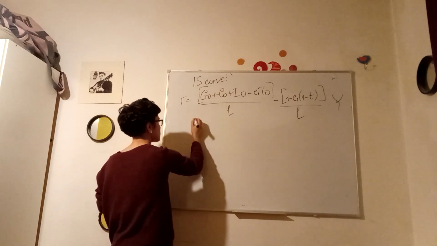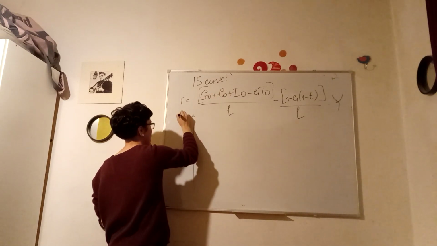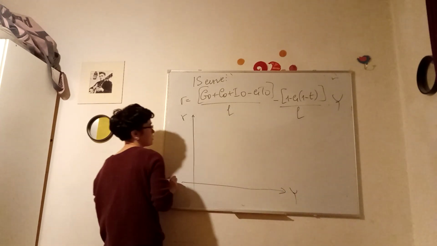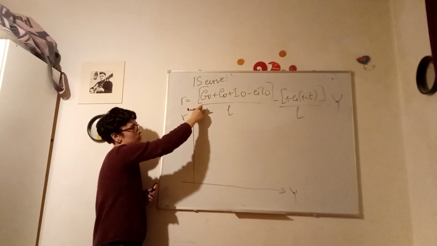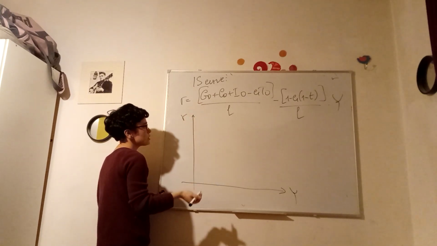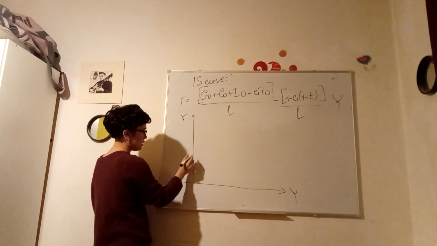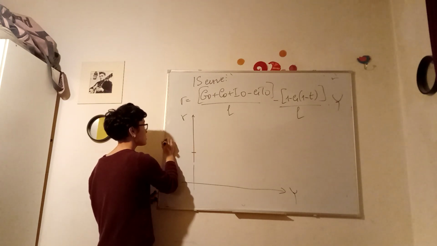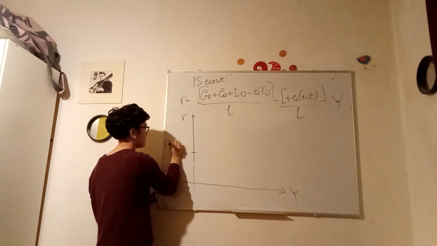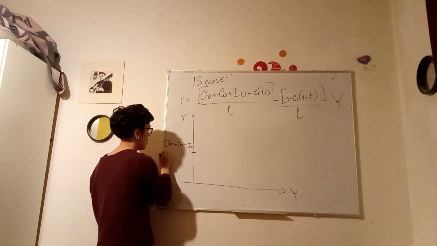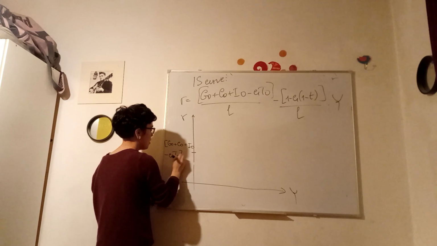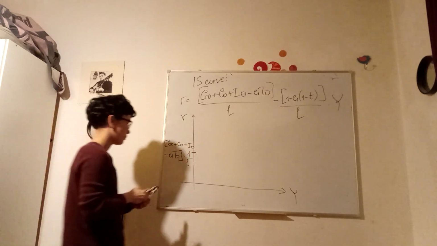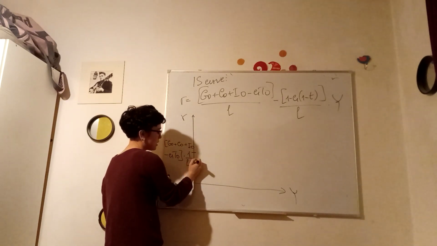Okay, so we have R on the vertical axis, output on the horizontal axis. This will be the value of the intercept, as we discussed before. This is simply b in our linear function, which does not contain any Y item. So the value will be just G0 plus C0 plus I0 minus C1 times T0 multiplied by 1 over L. The function will have a negative slope.